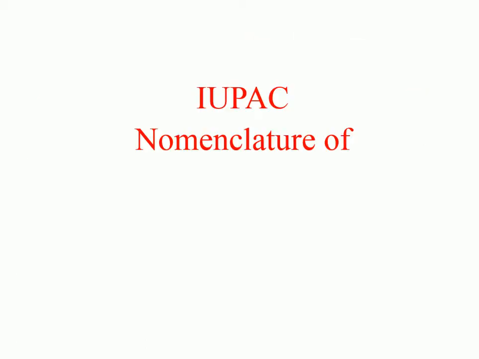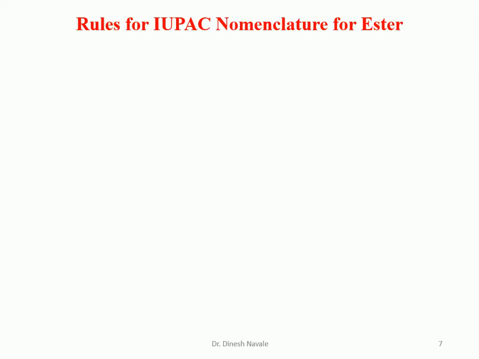Now, we are going to discuss the IUPAC nomenclature of the first carboxylic acid derivative, which is the ester. What are the rules for nomenclature of the ester functional group? Esters are derived from open chain alkanes as well as the carboxylic acid and the alcohol.